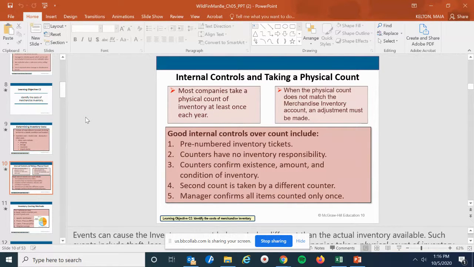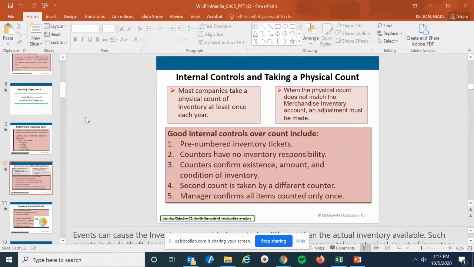And when the physical count does not match the accounting records, adjustments have to be made. Physical inventories involve counting, weighing, measuring inventory items, and applying inventory costs in dollars to them. Inventory is one of the most valuable assets for a merchandising company because, remember, the intent of the merchandiser is to turn inventory into cash.